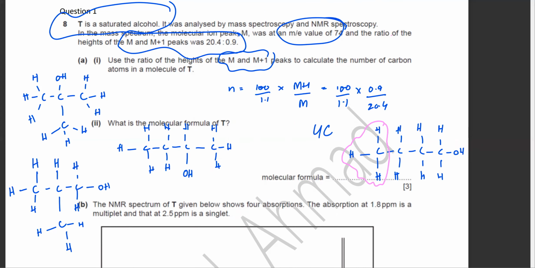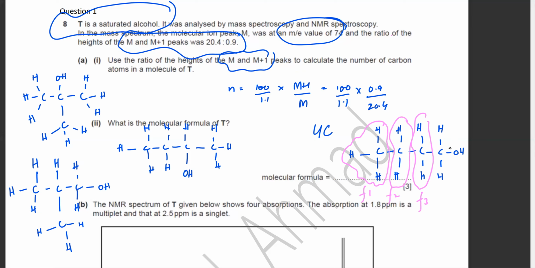That's 1. Let's call that F1. This CH2 is different from the other CH2s because this CH2 is bonded to a CH3. The other CH2s are not bonded to a CH3. So there's a slight difference. That's F2. This one would be F3. This CH2 is different from the others as well because it is surrounded by 2 CH2s.